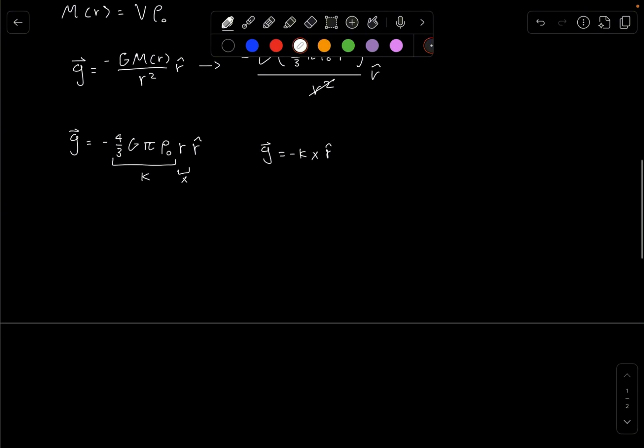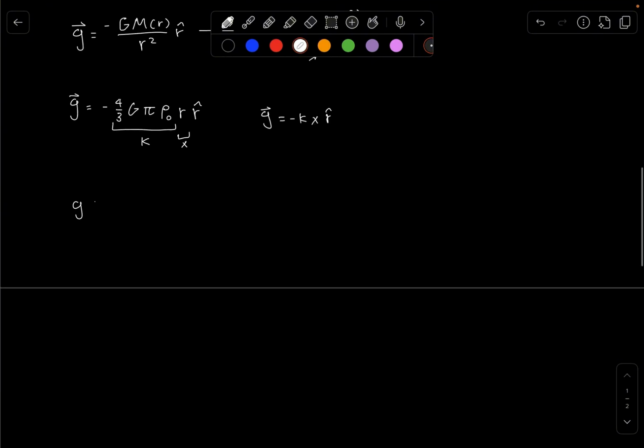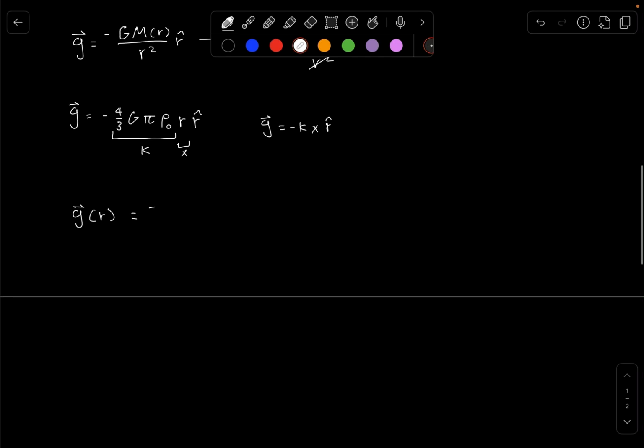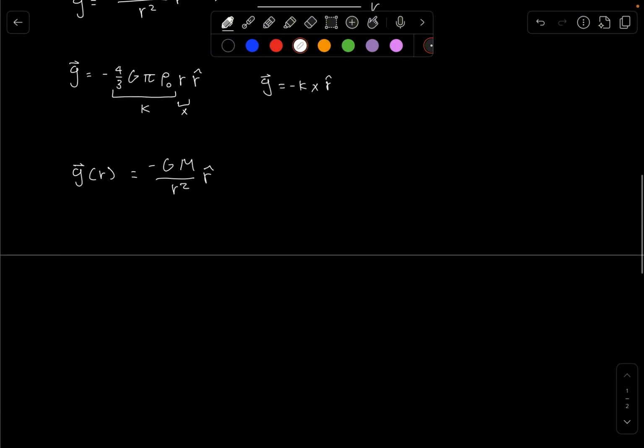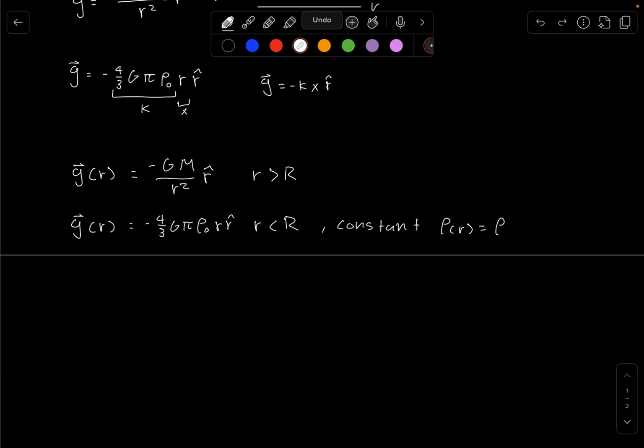Yeah, that's all. So what are our solutions? For outside the sphere, we have g of r is equal to negative GM over r squared in the r hat direction, and this is for r greater than R. And then we have g of r is equal to negative 4/3 G pi rho naught r in the r hat direction for r less than R, and constant mass distribution rho of r is equal to rho naught.